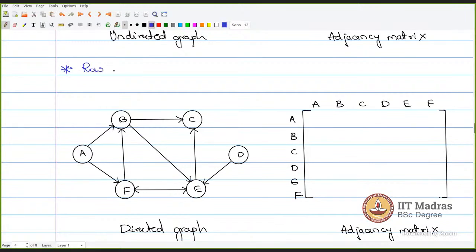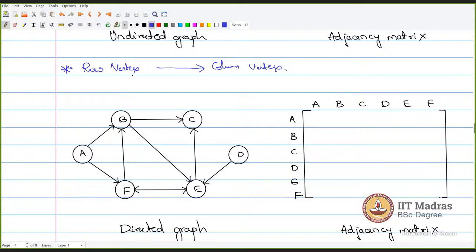In the directed case, a row corresponds to the row vertex, and a column corresponds to the column vertex. From the row vertex to the column vertex, if there is an edge, we will give the value as 1.